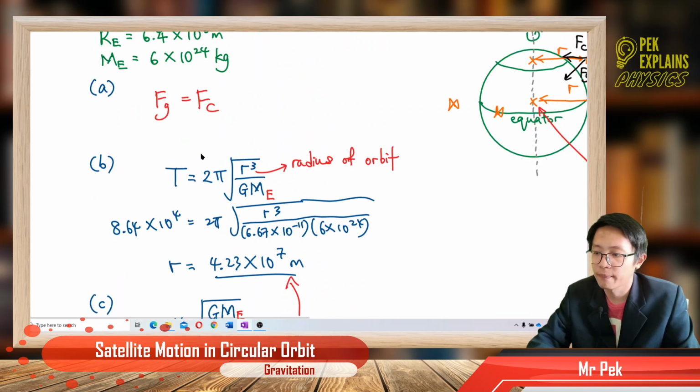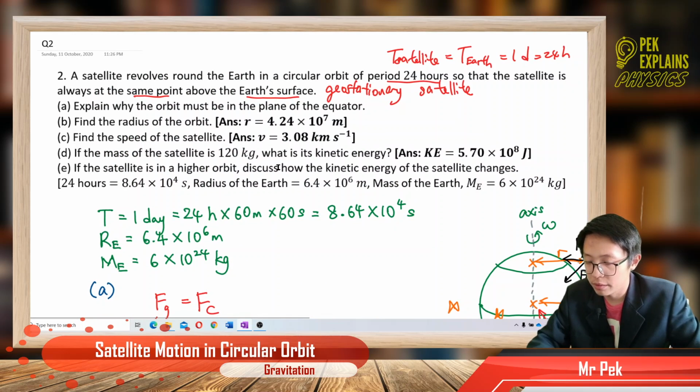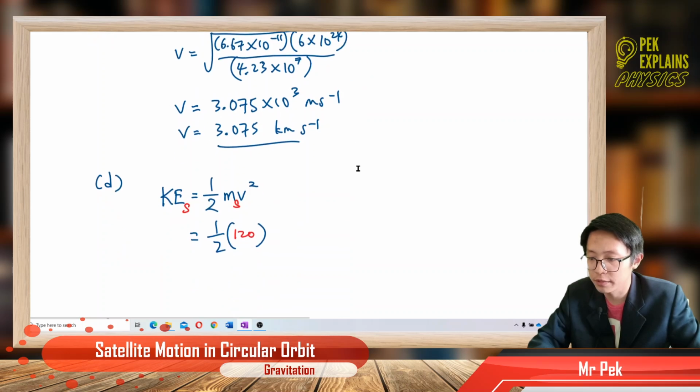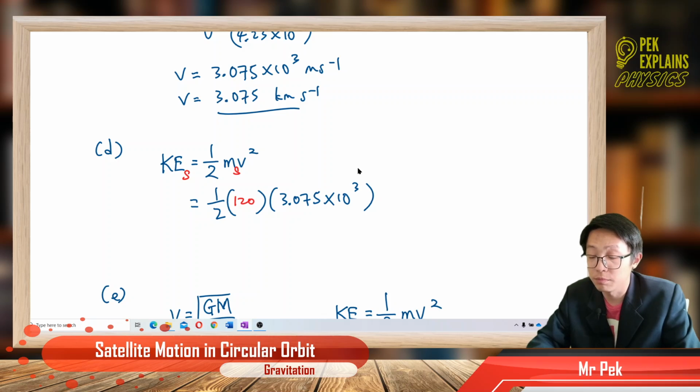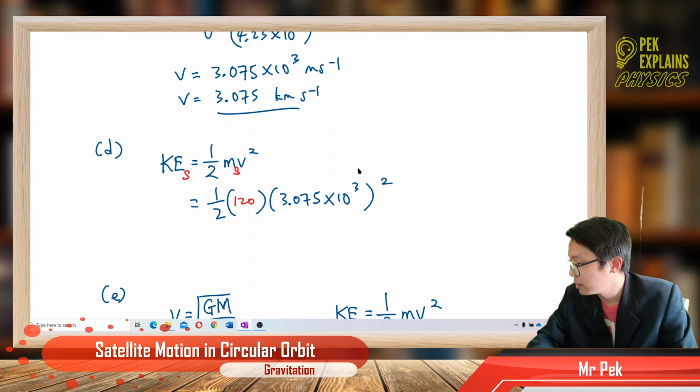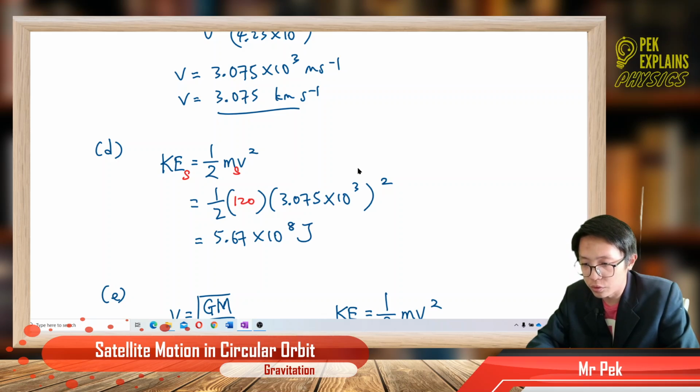120 kilograms. And then the speed of satellite is 3.075 exponent 3 meter per second. Use meter per second as the SI unit. So the answer is 5.67 exponent 8 joule.